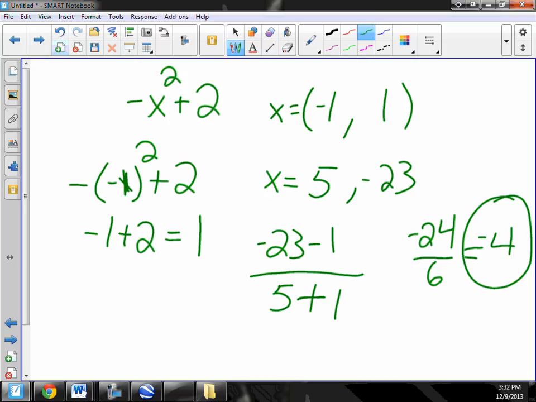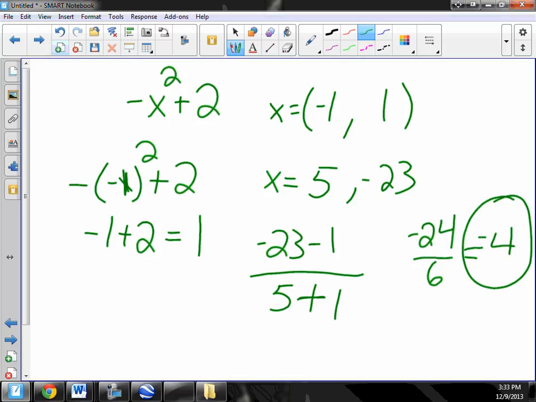Because that slope is negative, it means that my average rate of change was negative. So for instance, let's say this is a graph of me walking to school, and instead of walking to school, I walk the other direction at the rate of 4 feet per second. So a second ago, I was 1 foot closer to the school than my house. 5 seconds ago, I was 23 feet further from the school than my house.